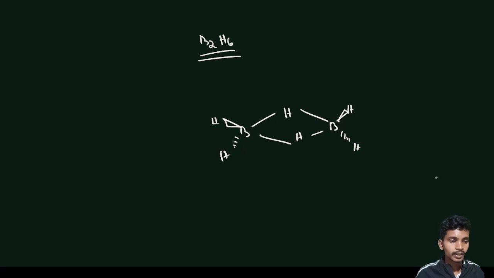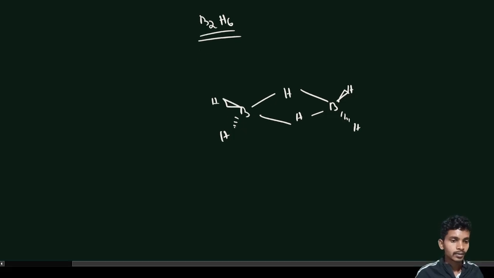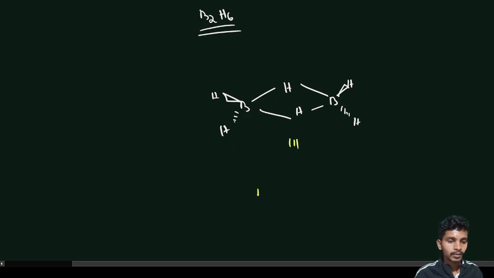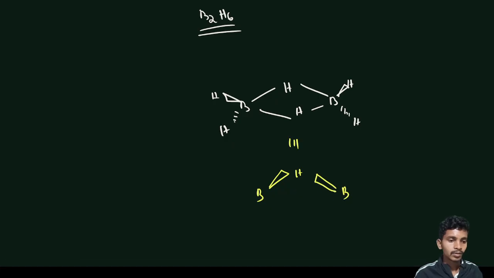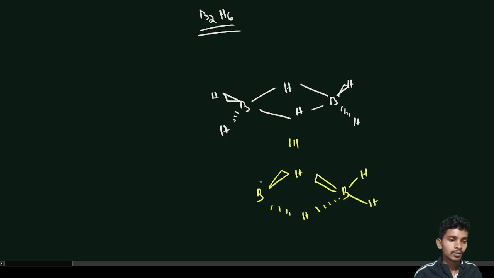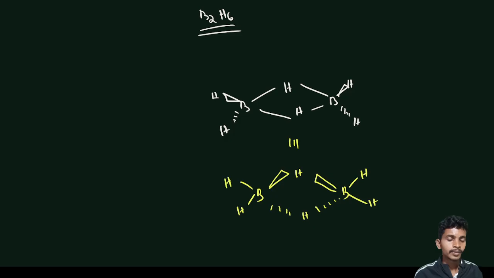So this also we can write like B, above H, B, and we can write H. Since I just do the below and above, I just rotate. So this point group is the same, because rotation is not breaking a bond, so the point group remains unchanged. So this has the same point group.